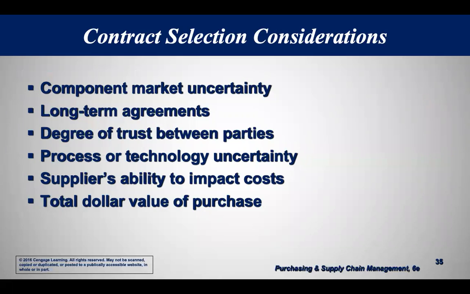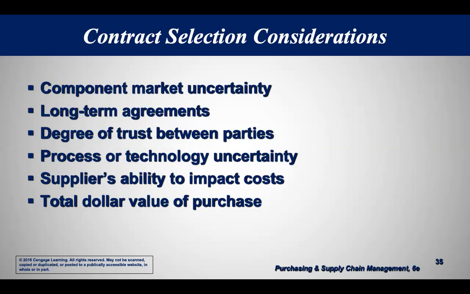So how do you know what to do? Okay, how do you decide? The market is uncertain, and depending on how uncertain the market is, that will govern whether or not as a buyer you want to commit to a firm price or not, okay?